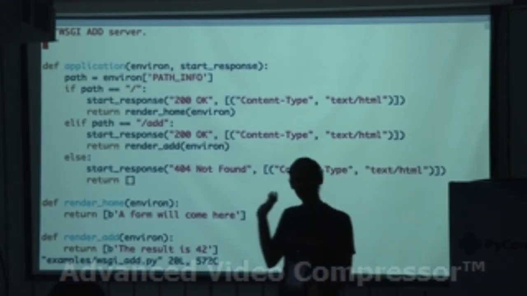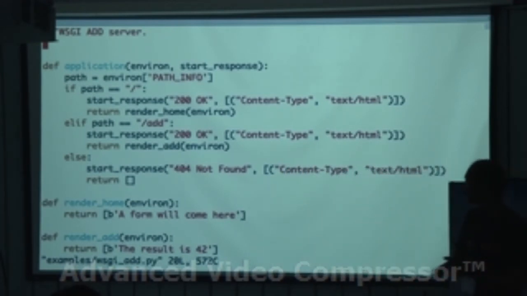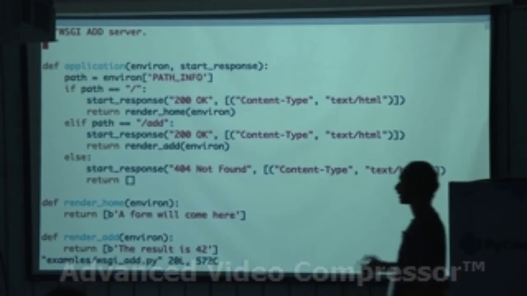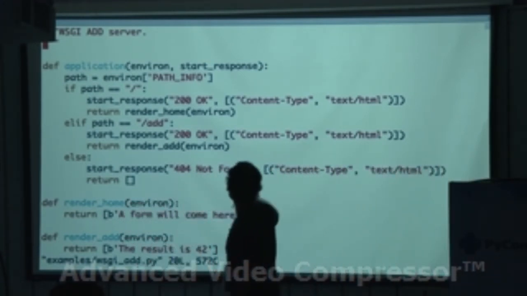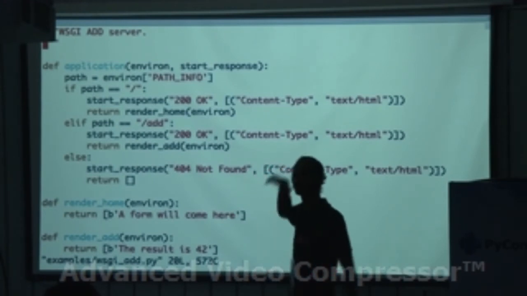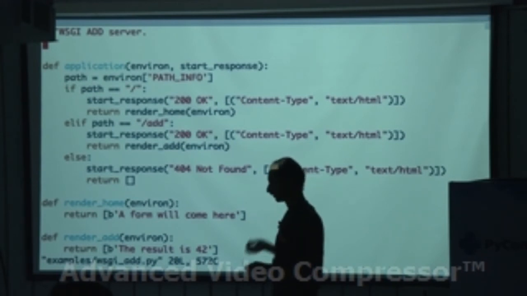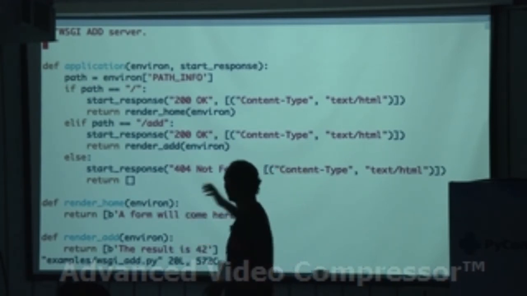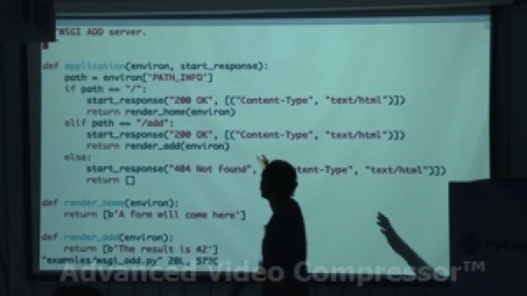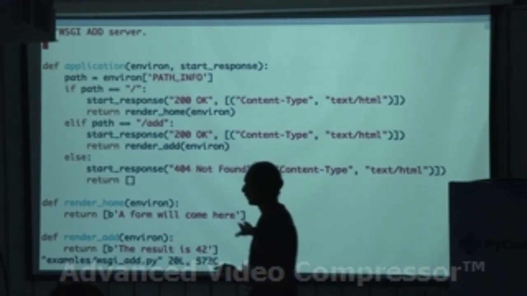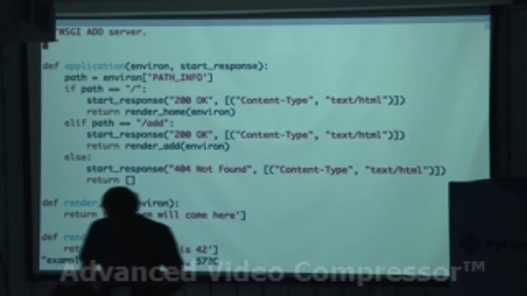Is that clear? In bare-bones WSGI, you look at the path variable and make a decision about what to do. But that can get cumbersome because you can have too many URLs, and it starts becoming tricky. If you want to start from bare WSGI, that's how you can write this kind of web program.